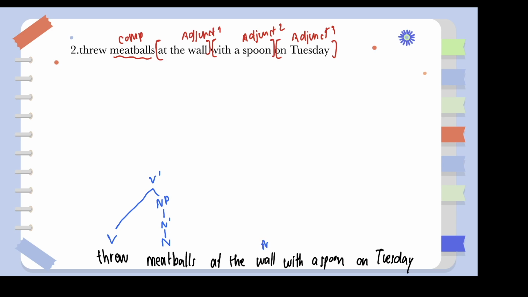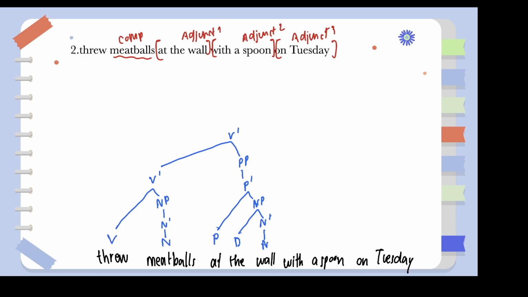So the wall is the n, and then we have n bar, and this n bar is attached with the determiner to be the noun phrase, and this noun phrase is attached with P to be P bar, and above P bar we have PP, prepositional phrase, and this PP is attached with the V bar threw meatballs. So we have threw meatballs at the wall to be another V bar.